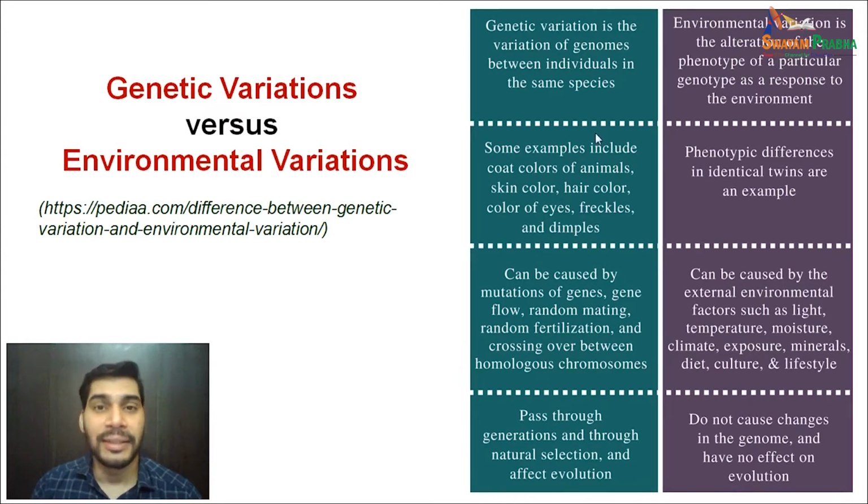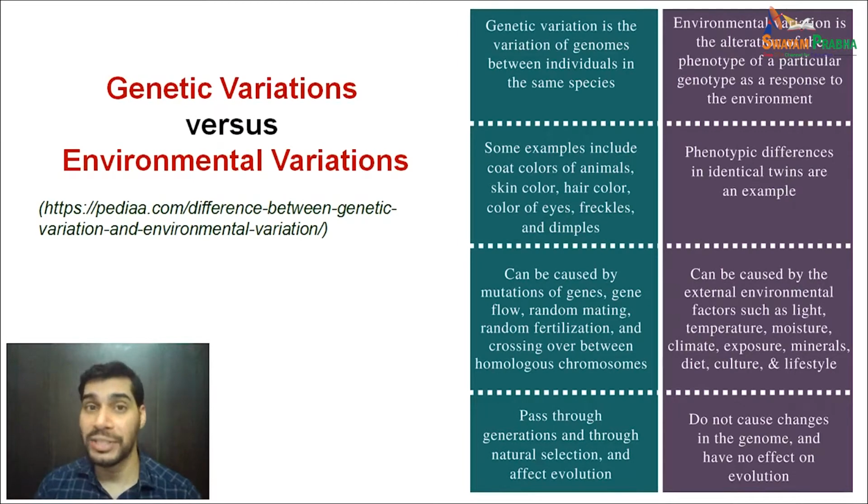Here, examples of genetic variation can be the coat color of animals, skin color, color of hair, color of eyes, freckles, dimples. All these are genetic variations. Whereas the phenotypic differences that exist in identical twins can be taken as an example of environmental variations.